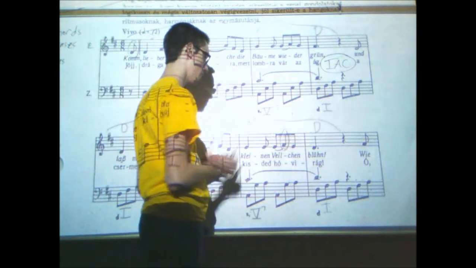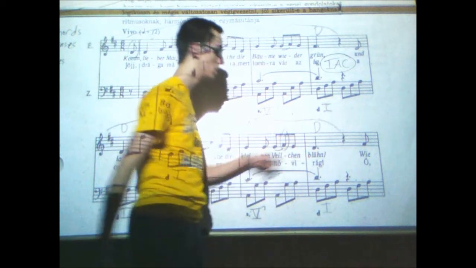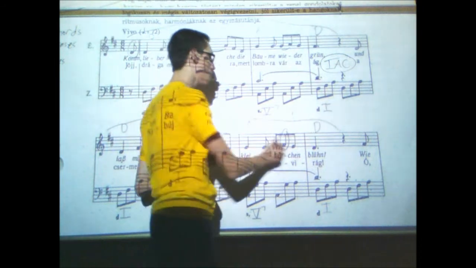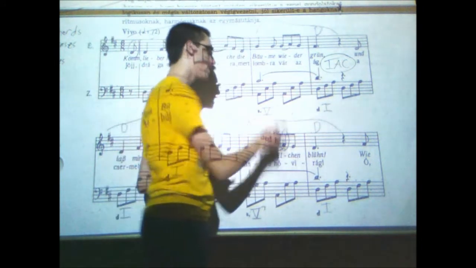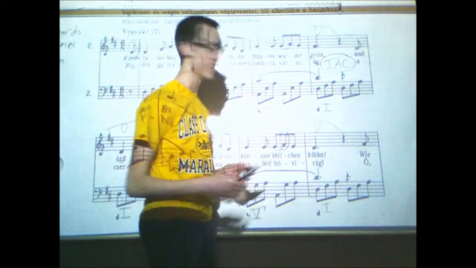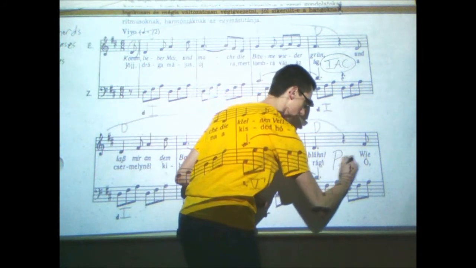It goes mi, re, do. So mi, re, mi, so fa, mi, re, do, do. The soprano part ends with do. So it ends in do, which means that it is a perfect authentic cadence.